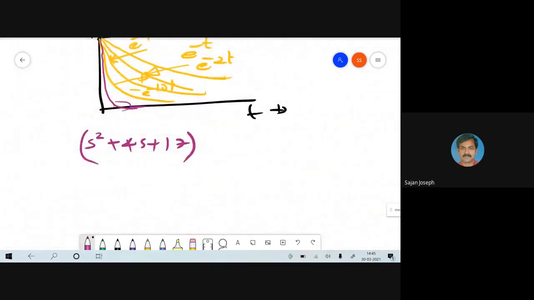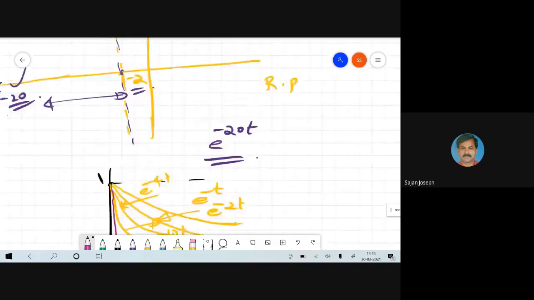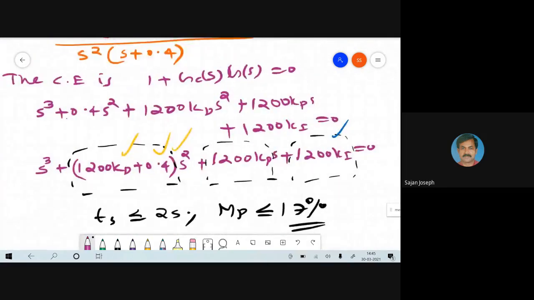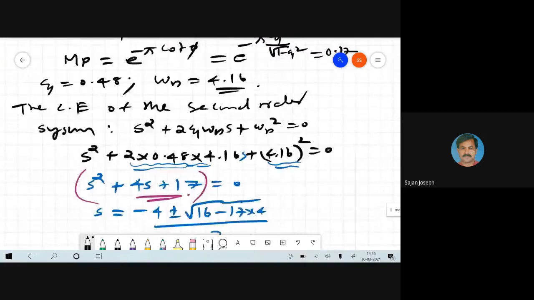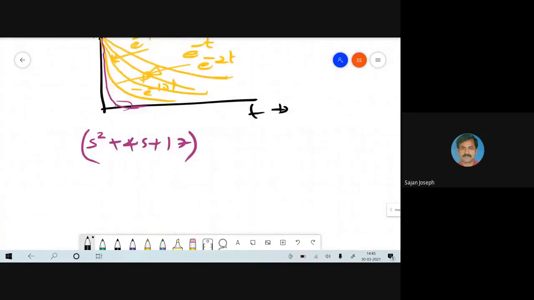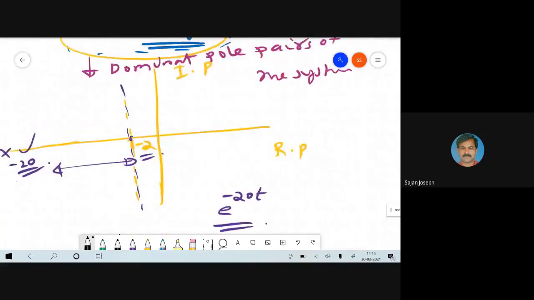Then you have to add a third pole, because after adding the controller, the system becomes altogether a third order system. So we have to add a third pole. What is the thumb rule for selecting the third root?